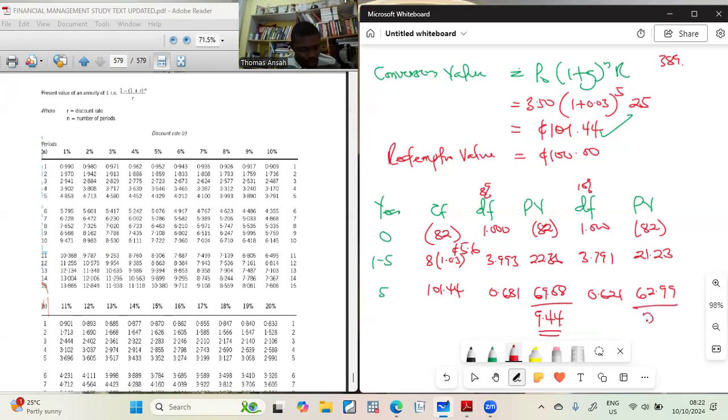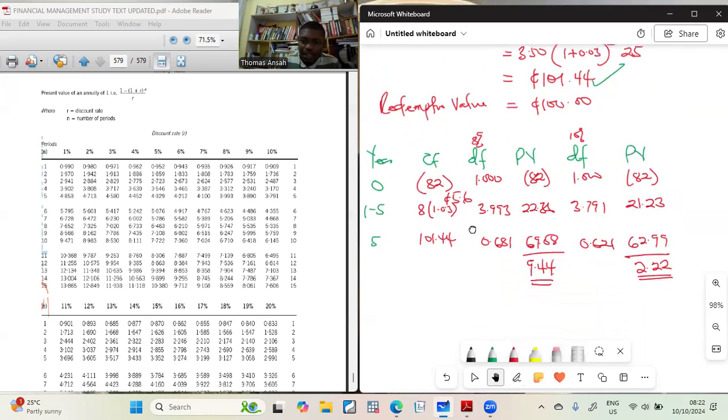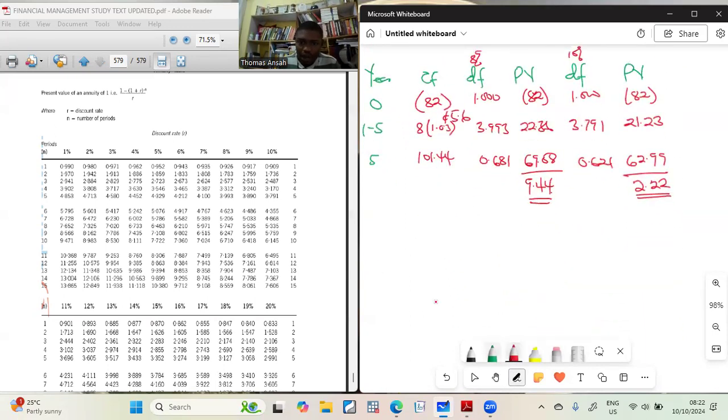It didn't give me a negative. It still gave me a positive, which means I didn't push far enough. All right, but it doesn't matter. We still have to calculate our IRR.